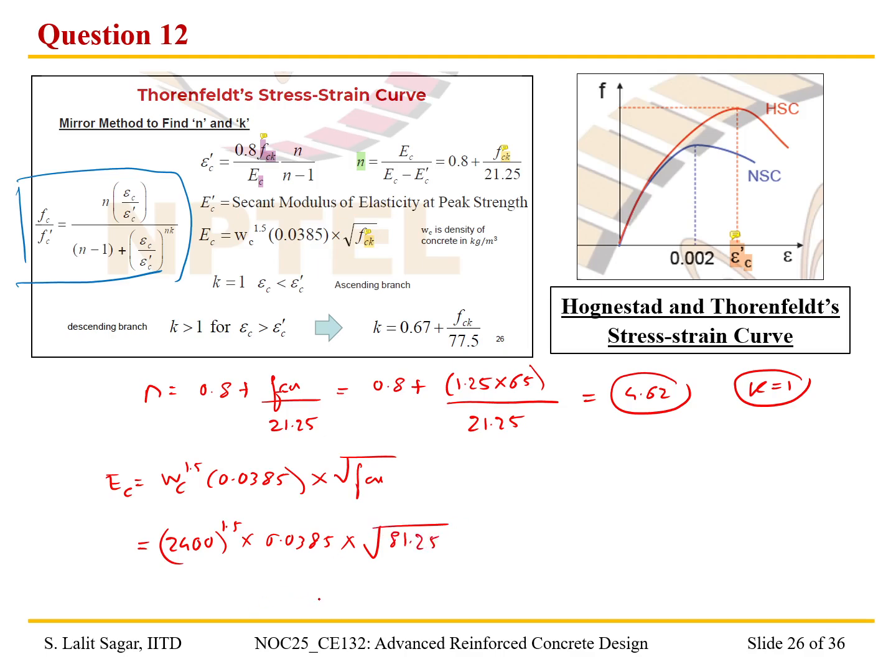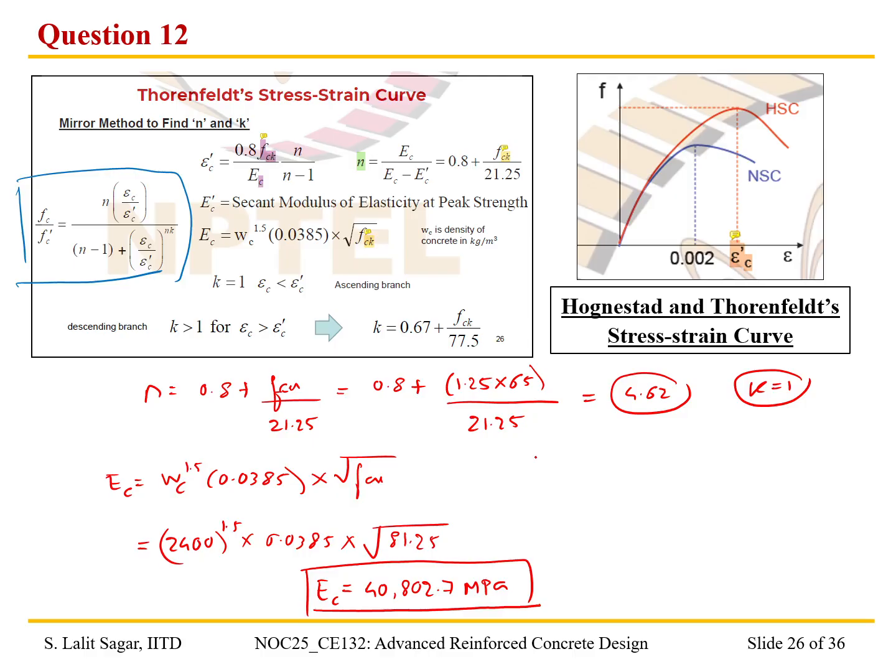Let me write down the value of Ec. Ec is how much? 40,802.7 MPa. We have the value of Ec now.